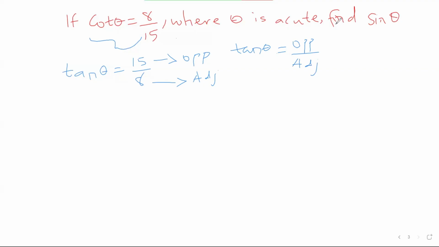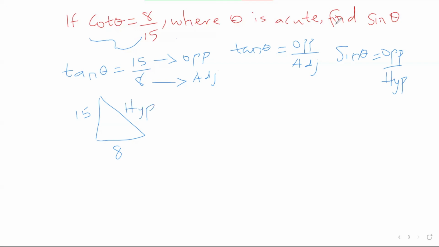So let's convert this question to a diagram to make our work easier so we can find sine theta. Our opposite is going to be 15 and our adjacent is going to be 8. Sine theta is opposite over hypotenuse, so we need the hypotenuse to find the value of sine theta.